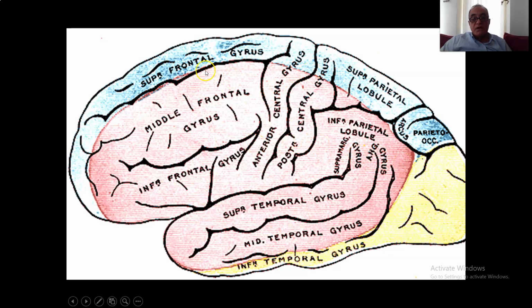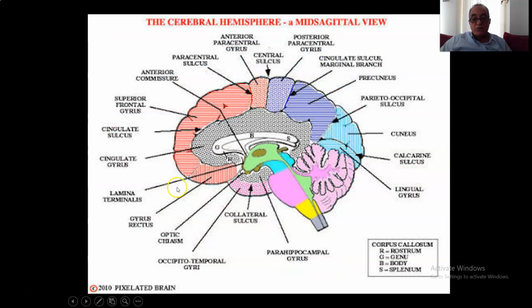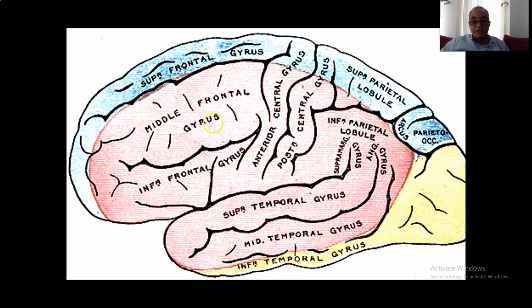And these are the gyri: superior frontal gyrus, middle frontal gyrus, inferior frontal gyrus, pars orbitalis, pars triangularis, pars opercularis, as we said.